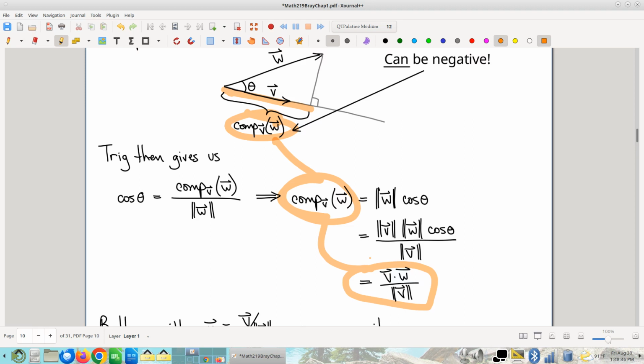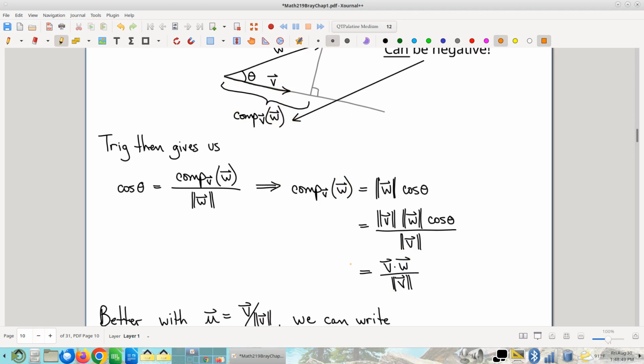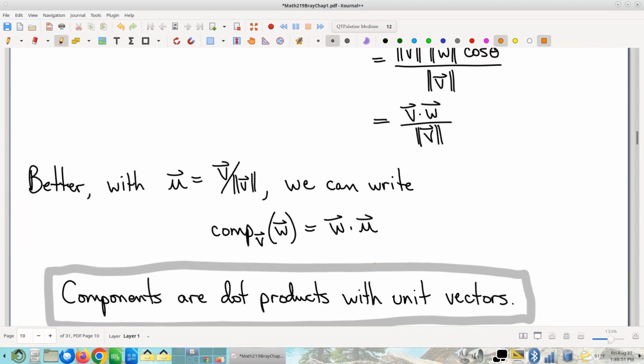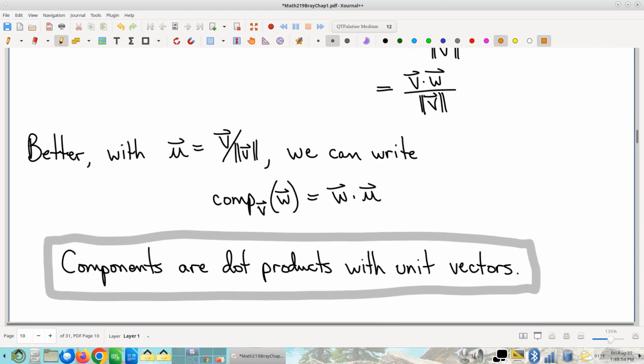There's an alternative I prefer, and that comes from noticing that we have v divided by its own magnitude, which, as we just discussed, is the unit vector pointing in the same direction as v. So if we simply replace v divided by the magnitude of v with what it is, the unit vector pointing in that direction, then our formula for component simplifies really nicely.